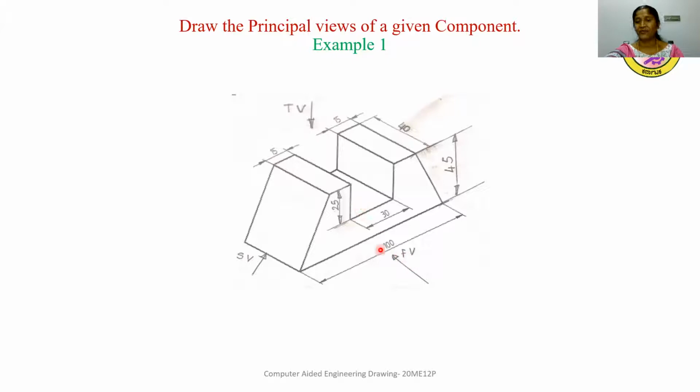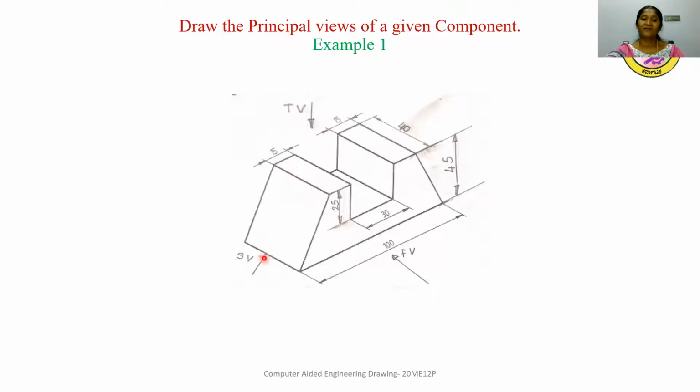The front view is a trapezium of base 100 mm, top line of 60 mm, and the height of the trapezium is 45 mm. And this trapezium has a rectangular slot at the center of width 30 mm and height 25 mm. So this is the front view of the given component.